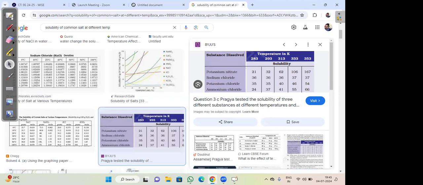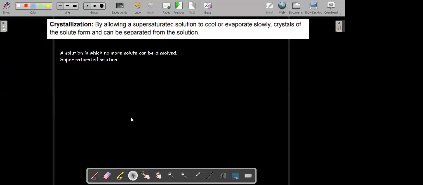So if we want to make crystals of a substance, first of all we create a super saturated solution. Let us try to understand how we are able to make the super saturated solution.